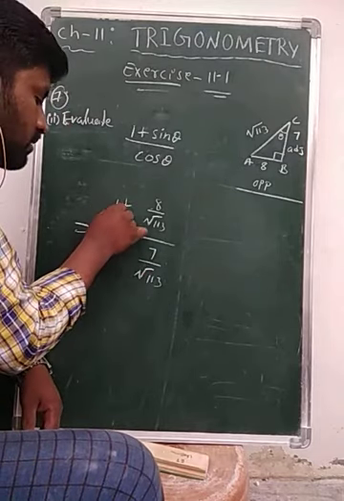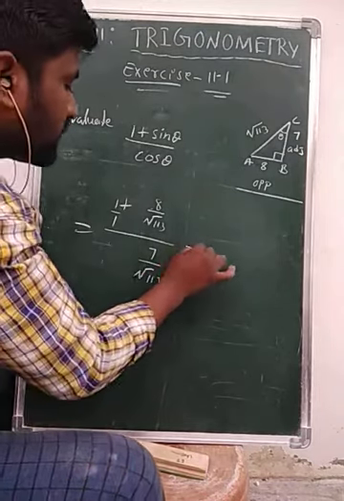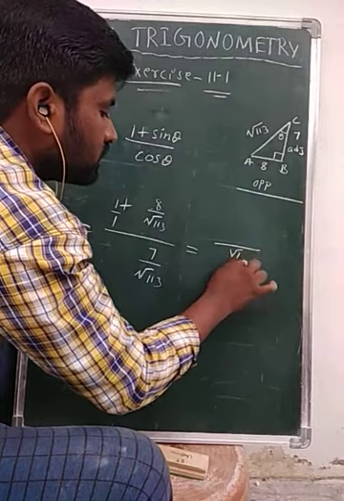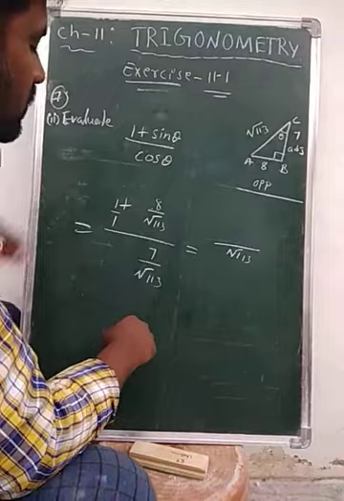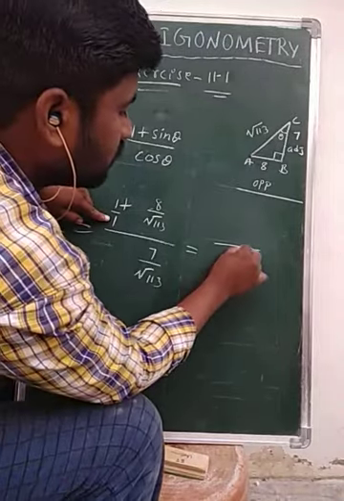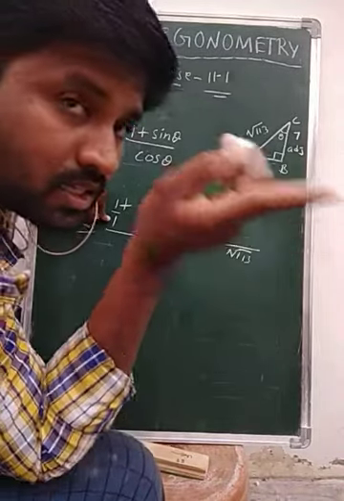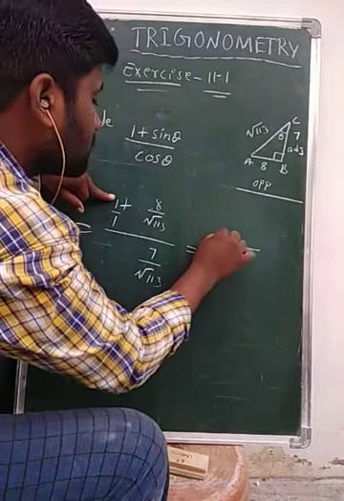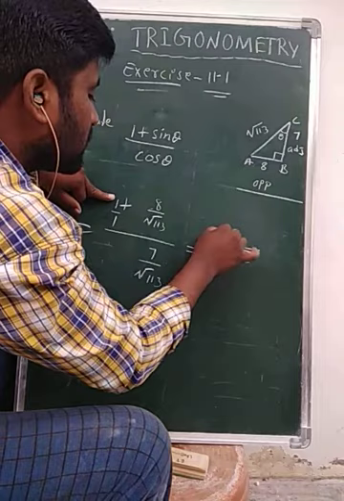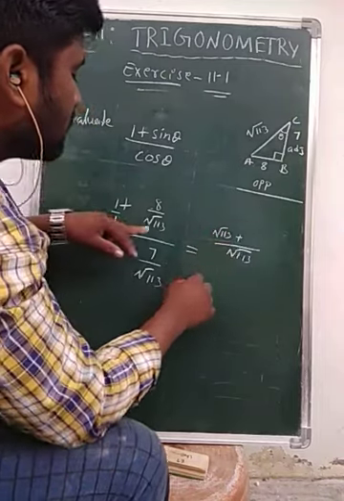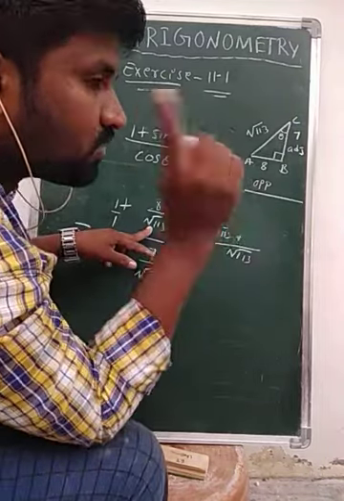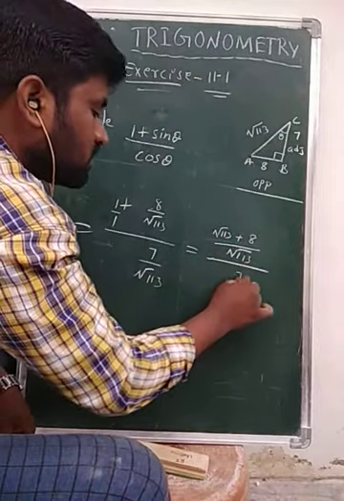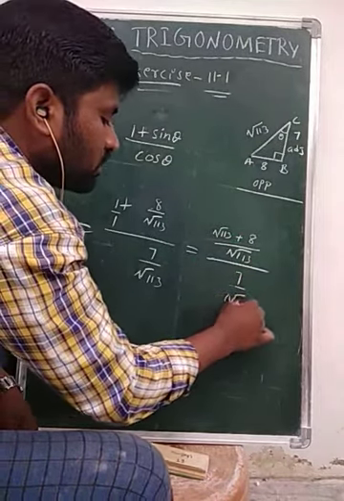So I am taking the denominator as 1. Then what we get as the LCM? Here the LCM comes as root 113. Plus 1, how many times is that root 113? Root 113 times. So that's why root 113 into 1 means root 113, plus root 113 in this LCM, 1 time. 1 into 8, that is 8, by 7 by root 113.